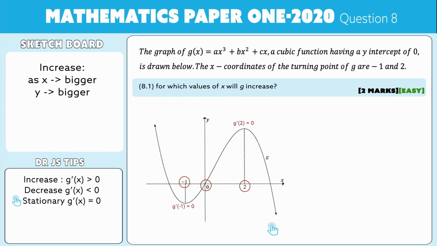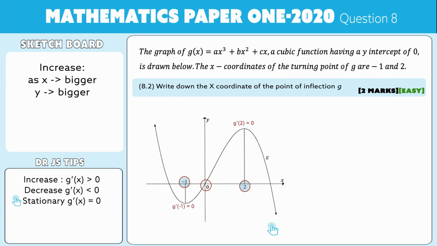Okay, now we will be looking at question 8.2. Now, folks, remember 8.2 is asking us for the point of inflection. If we do not have the equation of the cubic curve, which in this case we don't, then we have to work with the turning points, which we do have.